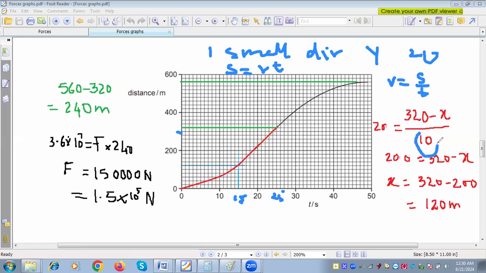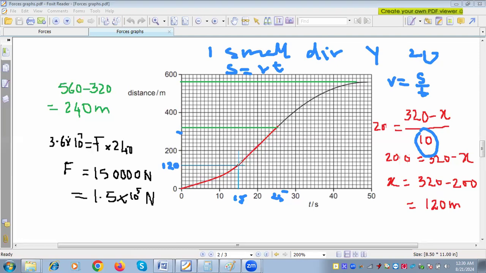The time interval is 10. The distance at 25 is 320 and the distance at 15 is to be found out. Okay, velocity is 20. So 20 equals 320 minus x over 10. So that is coming 120 meters. So where the distance is 120 meter, this is the distance, 120 meter.